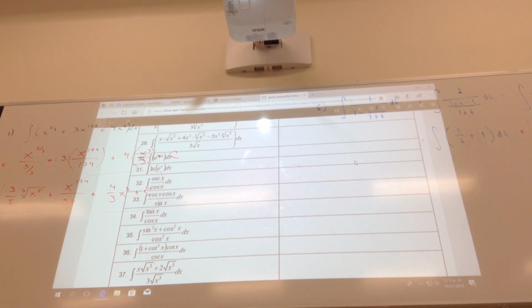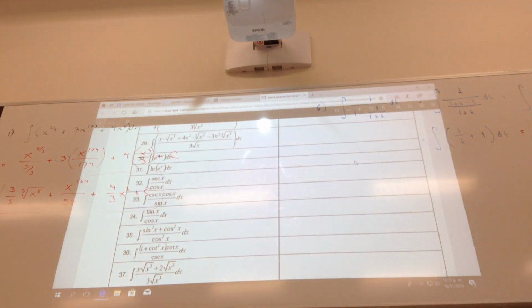Last semester, some of you would see this and try to apply the product rule and quotient rule. Sometimes it works, but not in this one. For integrals, there's no quotient rule. So you need to simplify. So, what do I do?